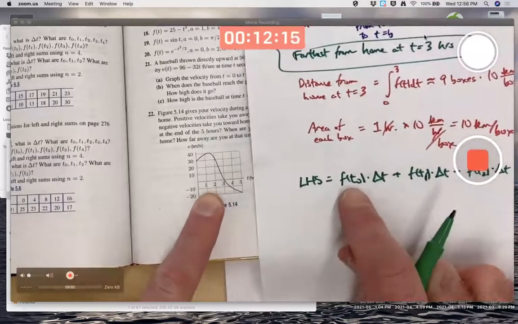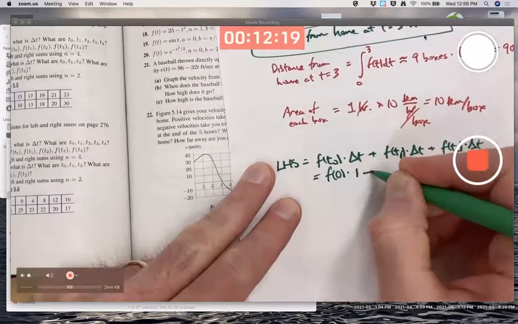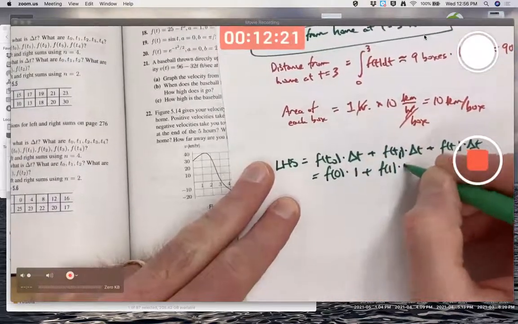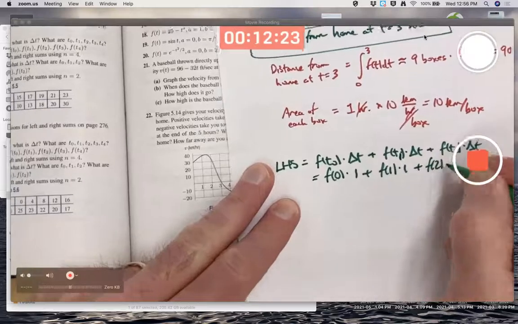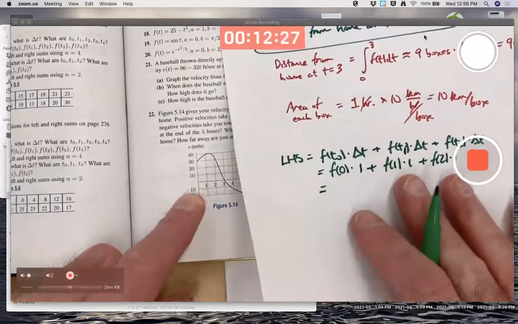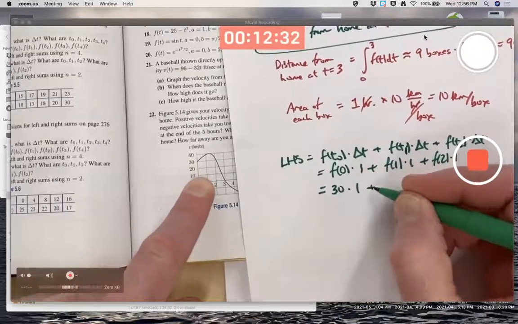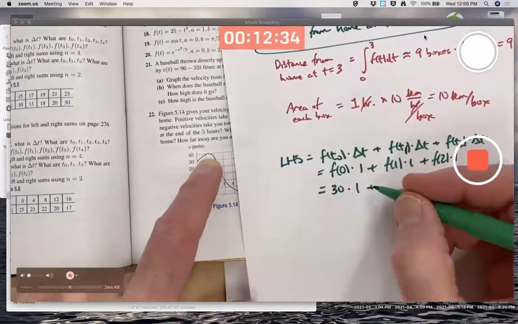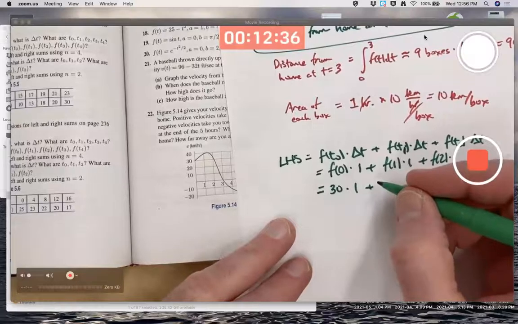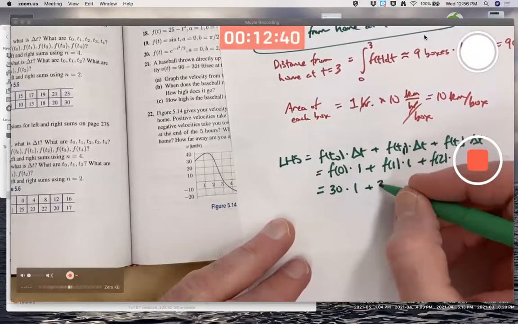You can estimate these values. Let me go ahead and plug the numbers in here. This is f of 0 times 1 plus f of 1 times 1 plus f of 2 times 1. F of 0, looking at the graph, looks like it's 30. F of 1 is close to 40, a little bit less. Is that close enough to 39 to say 39?